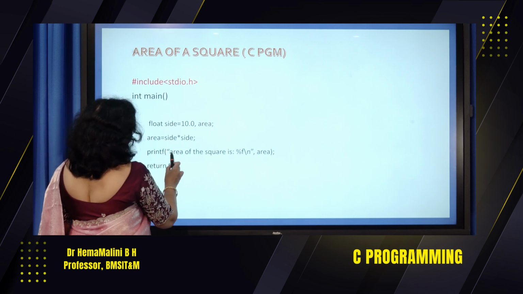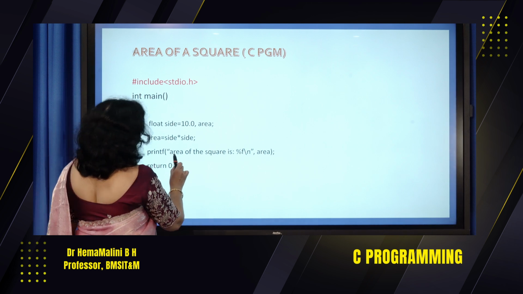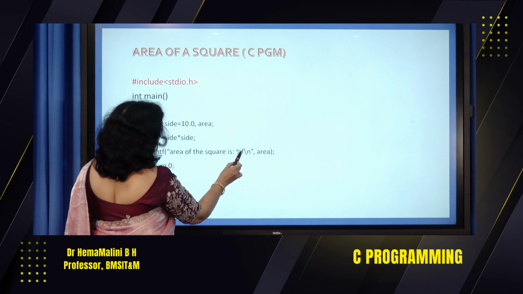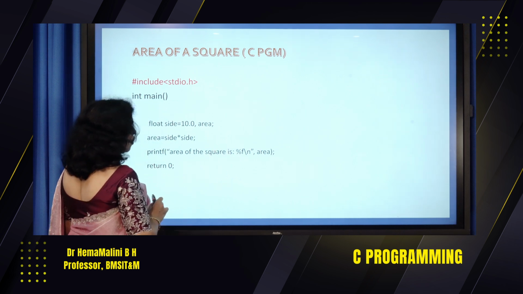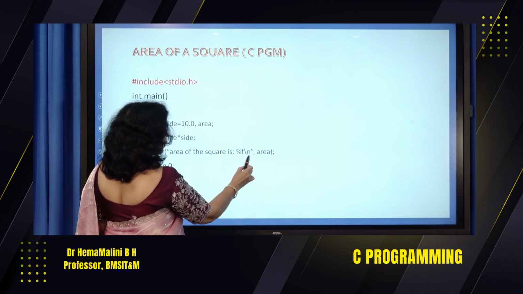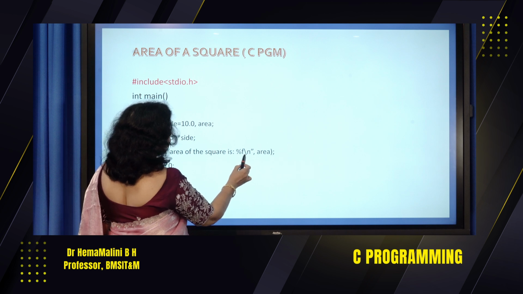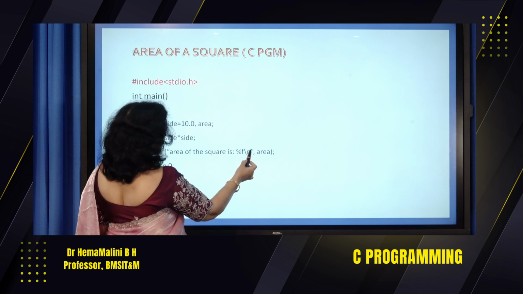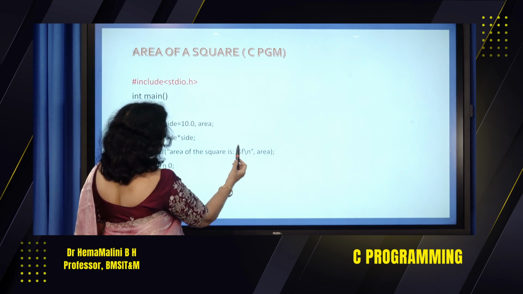So, printf, this is the message which we are going to display. Area of the square is this %f. This is called a format specifier. So, f indicates float, and \n is an escape sequence, it represents a new line. So, after this message the control goes to the next line, that is the meaning.